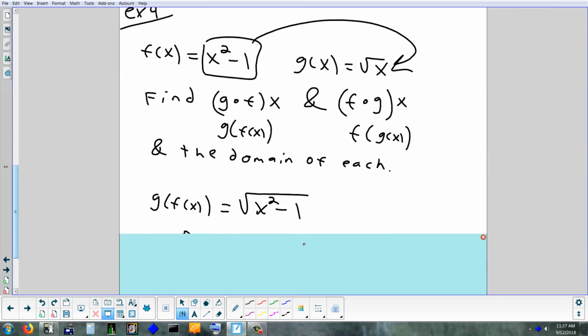Now, to find the domain, we're going to start with the inside function. Jarek, what was the inside function? I don't know. After that? F of x, that's inside the parentheses. So look at f of x.